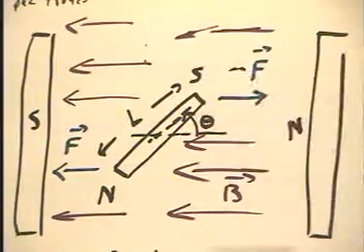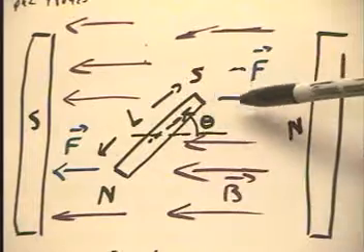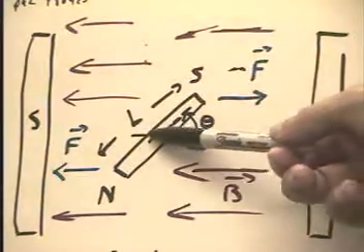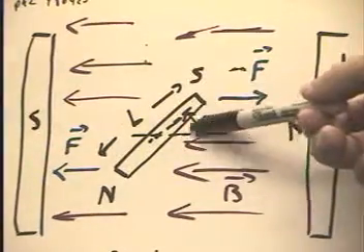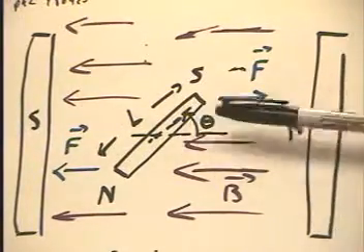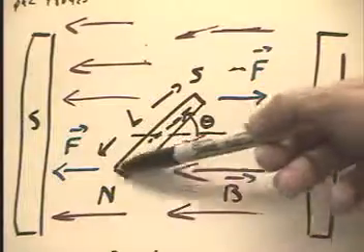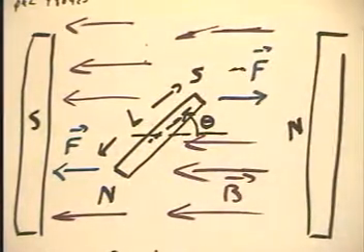The torque from this force is going to be equal to the moment arm times the sine of this angle theta, theta being the angle between the direction of the magnetic field and the axis of the bar magnet.